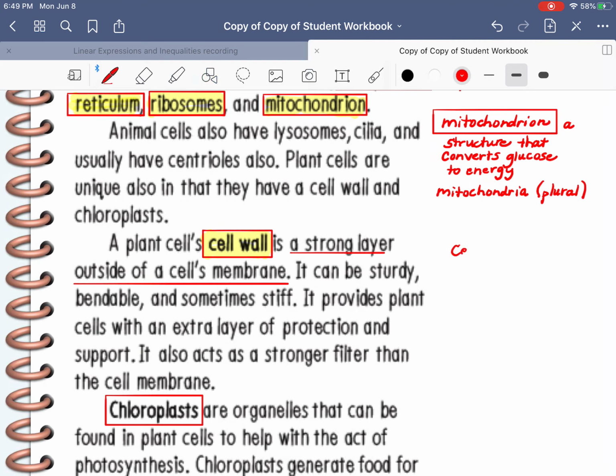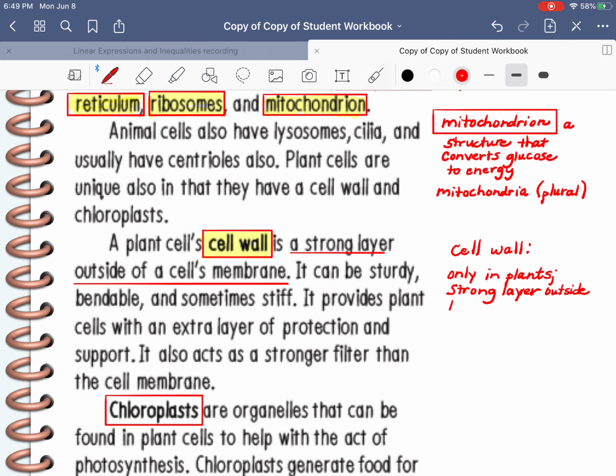So cell wall is only found in plants. It is a strong layer outside of the membrane. So it's outside the cell skin.